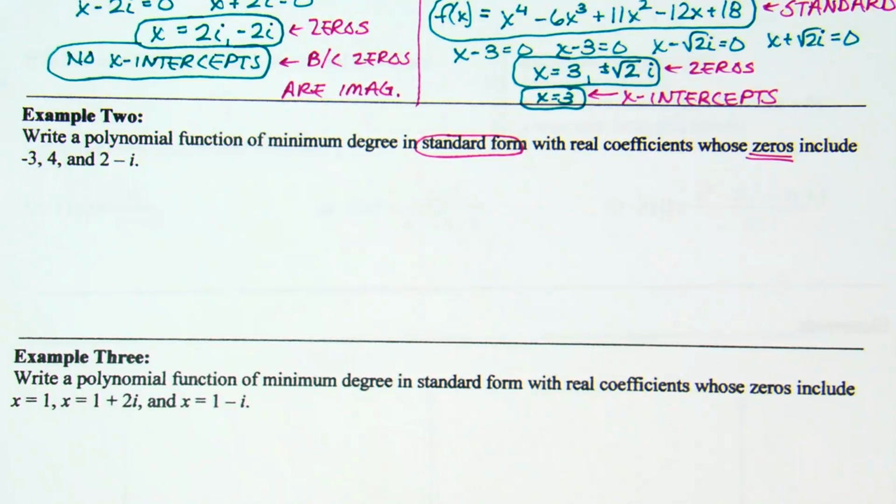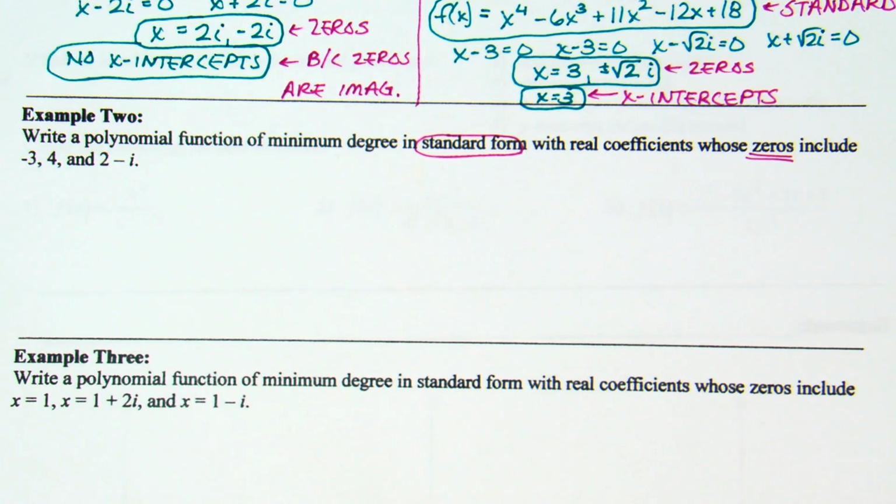If you think about this, you've done this before. In fact, you technically did this on the quiz. We take those zeros and put them into the factors, and then we can multiply to get to standard form. That's the basic gist of it.